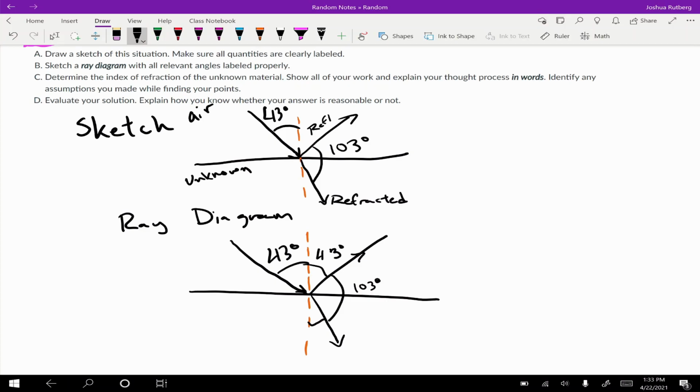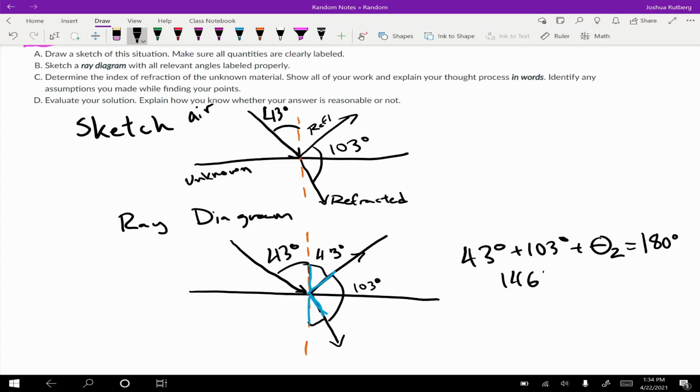But if I notice, these three angles here form a straight line. So I know that 43 degrees plus 103 degrees plus this theta 2 that I don't know have to sum to 180 degrees.